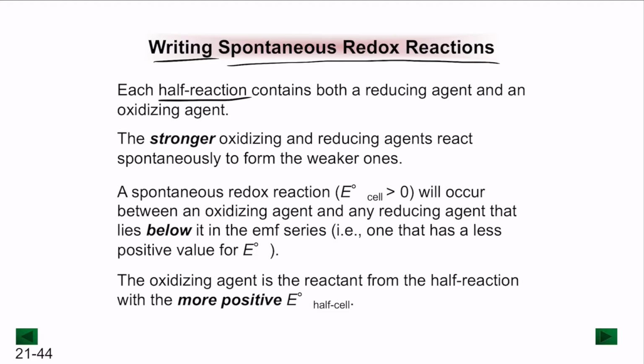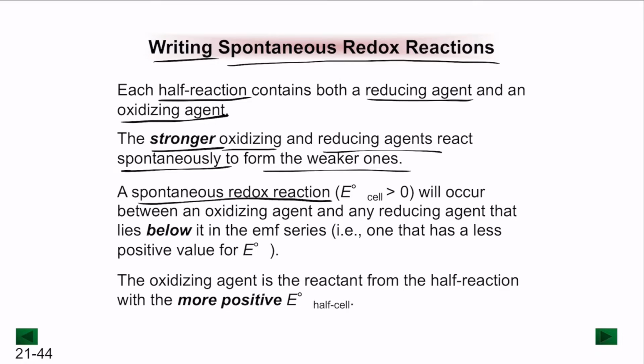We know that each half reaction contains both a reducing agent and an oxidizing agent. The stronger oxidizing and reducing agents react spontaneously to form the weaker ones. A spontaneous redox reaction means that the cell potential must be greater than 0. It will occur between an oxidizing agent and any reducing agent that lies below it in the EMF series. Remember here that the oxidizing agent must have a higher value than the reducing agent.